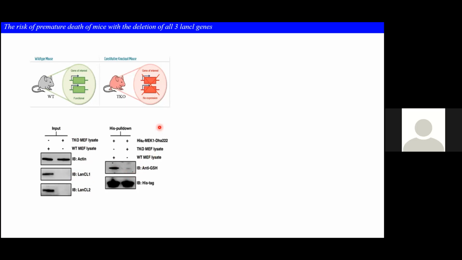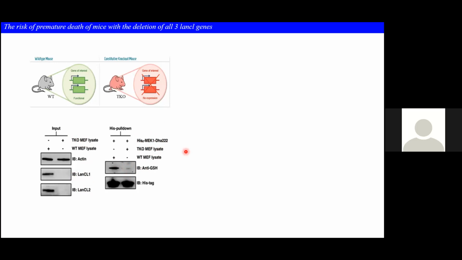Also, if we incubate this cell lysate with the DHA containing kinases, no GUFA can be added to the DHA in the triple knockout sample, suggesting that the LanCL protein is the only protein in our biological system which can trap and control the dysregulated DHA containing enzyme protein activity.